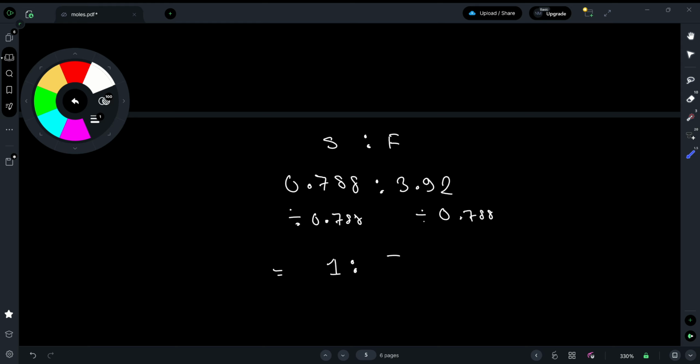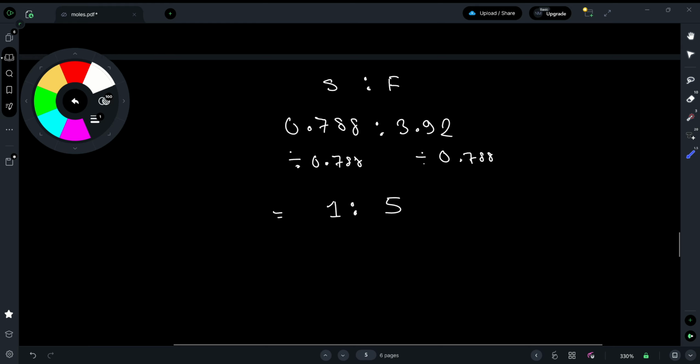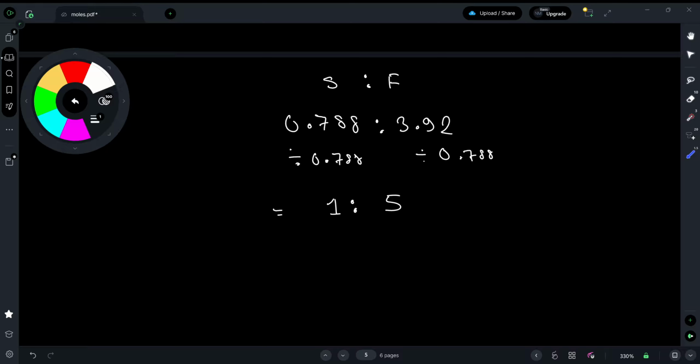I'll just write 5. So that is 1:5. Sometimes you might not immediately get a whole number ratio. You might still get a decimal. Say if we had 1:0.5 here, we would multiply this by 2 and this side by 2, and then we would get 2:1. So whatever it takes to bring the fractions to a whole number. But over here that's not the case. We just have 1:5.